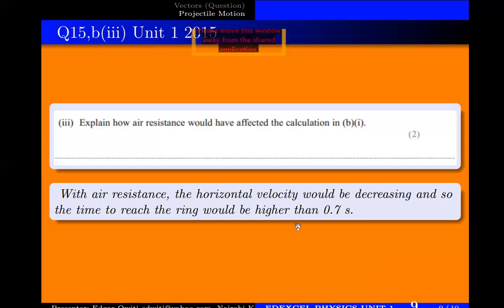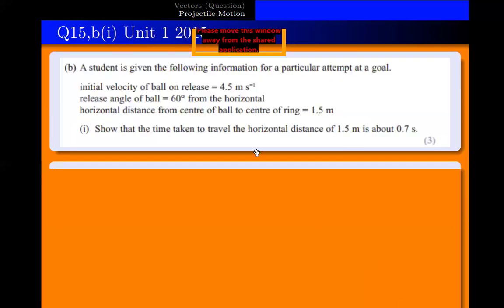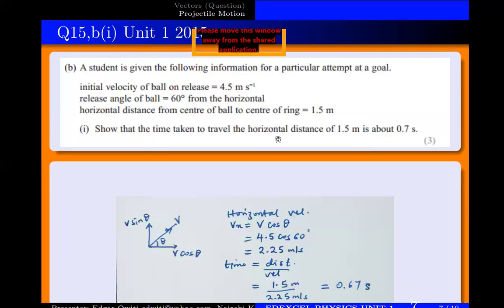So remember, you have to compare your answer with what was calculated in B Roman 1. B Roman 1 was to show that the time taken to travel the horizontal distance was about 0.7. So if you talk about a reduced velocity and then an increased time, you say it will be higher than 0.7.